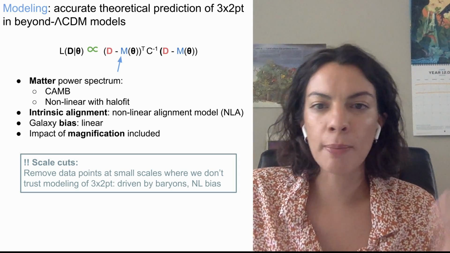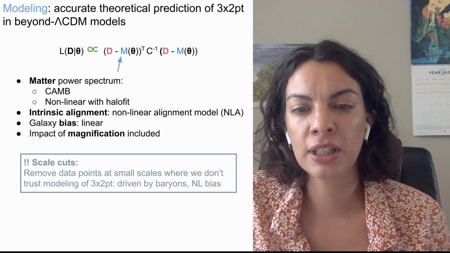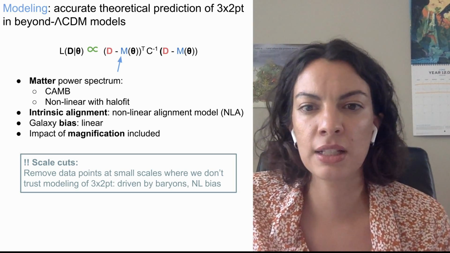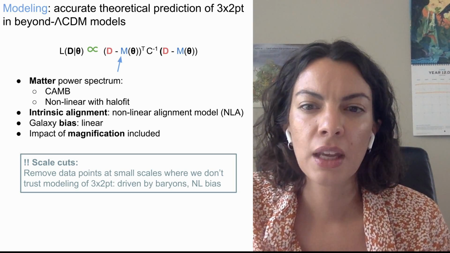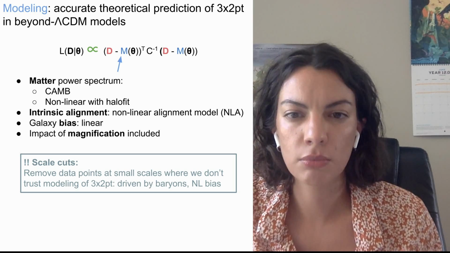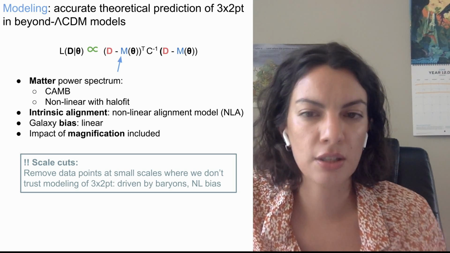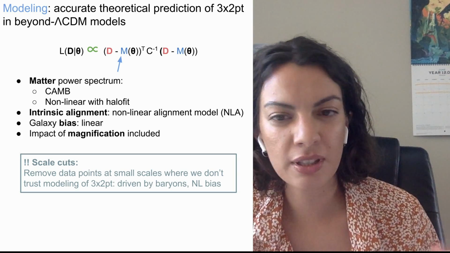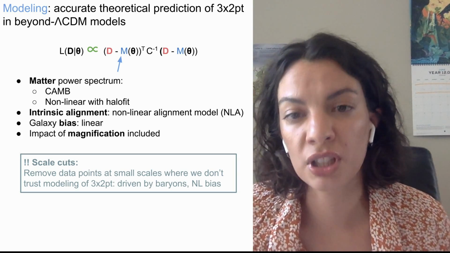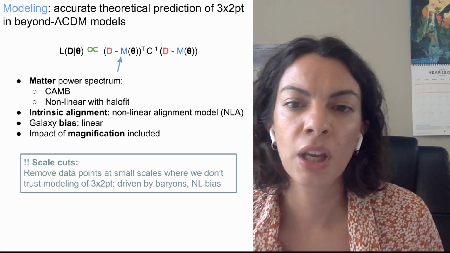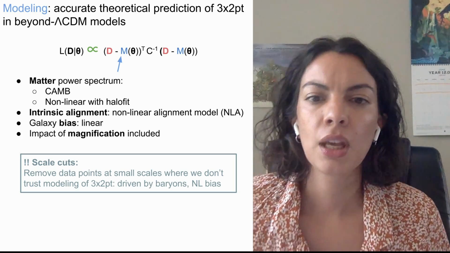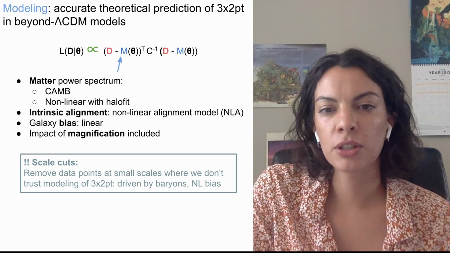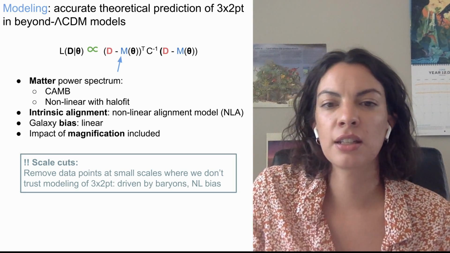So one main ingredient in the modeling is the matter power spectrum, because that's what will source the weak lensing and clustering signal. And for that we use CAMB, and in the tests of gravity we use MGCAMB. One important point is to describe the nonlinear regime of the matter power spectrum. We use Halofit. And so then we project the matter power spectrum into cosmic shear, galaxy-galaxy lensing, and clustering.